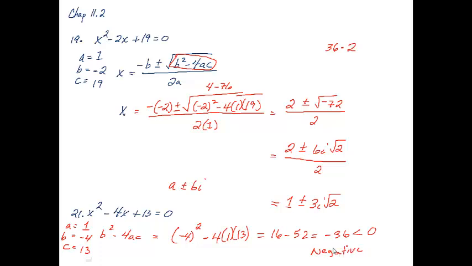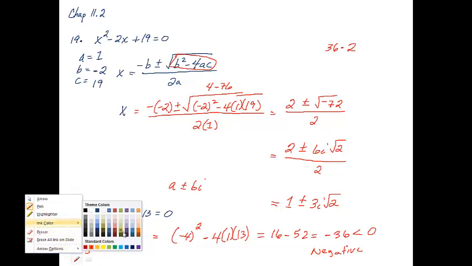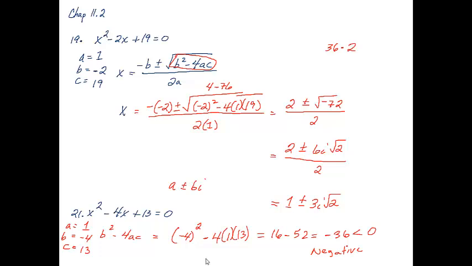And if your discriminant comes out to be negative, you know you're going to have 2 imaginary solutions. So we have 2 imaginary solutions.